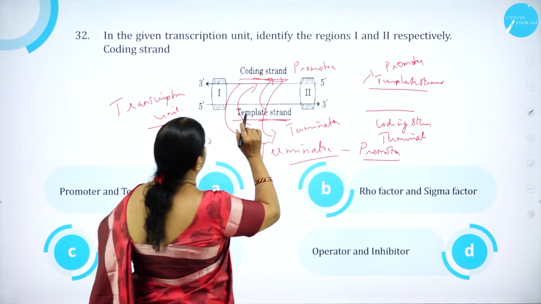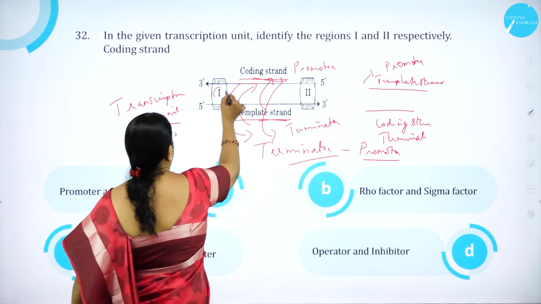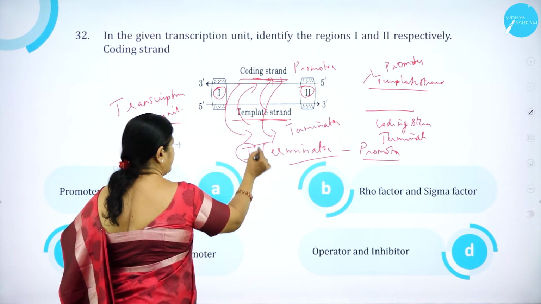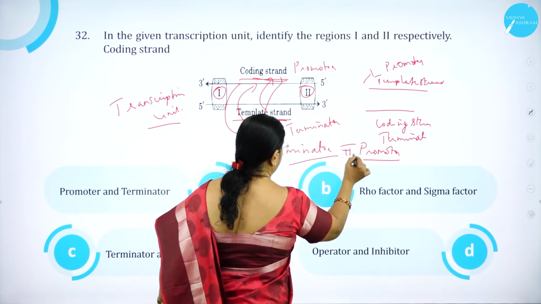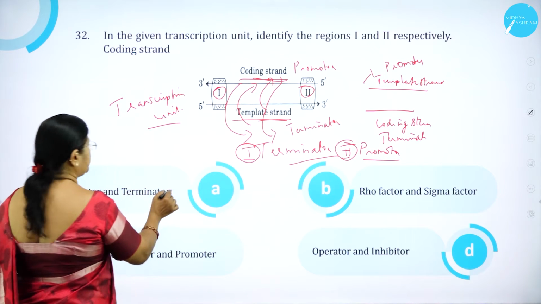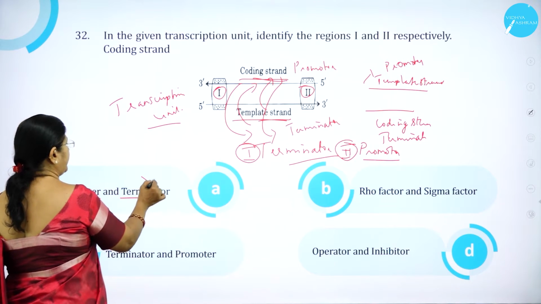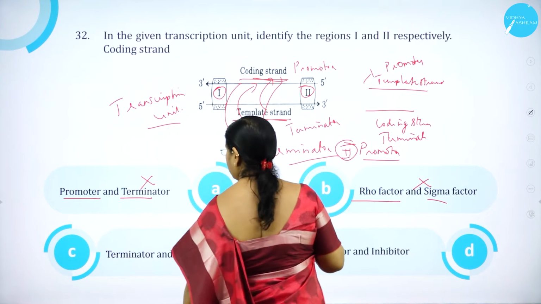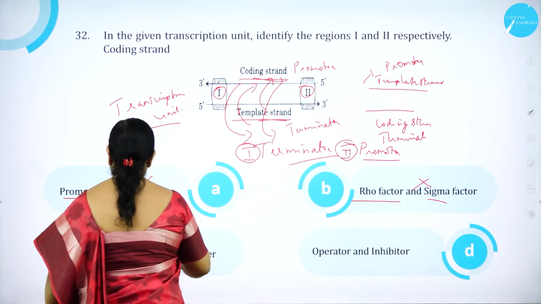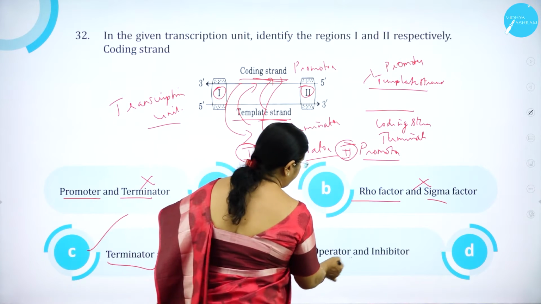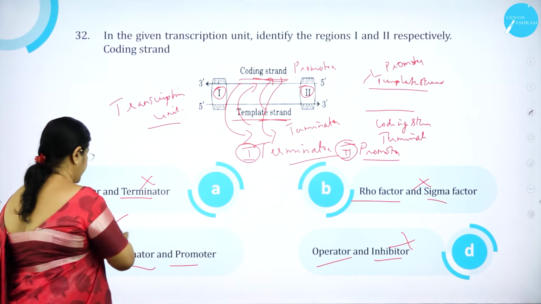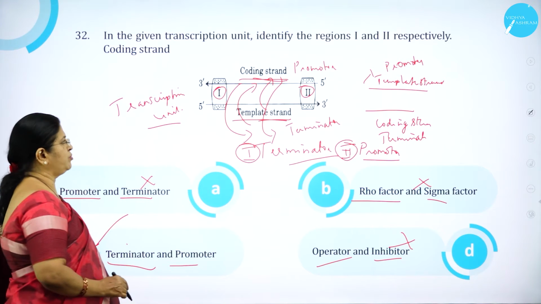So in the given transcription unit, 1 will be the terminator and 2 will be the promoter. So option A, promoter and terminator, wrong; rho factor and sigma factor, wrong; terminator and promoter, correct; operator and inhibitor, wrong. So option C is correct, that is terminator and promoter.